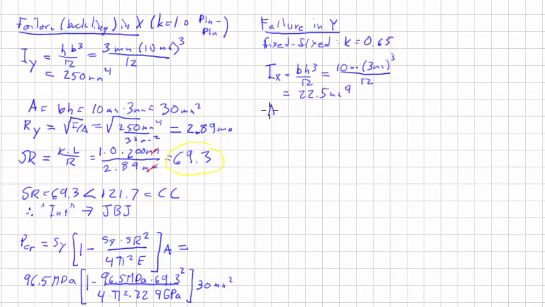Okay, so our area, as we already said, is 30 square millimeters, and that gives us an R about the x-axis. Ix, square root of 22.5 millimeters to the fourth, all over 30 millimeters squared, gives us 0.87 millimeters.